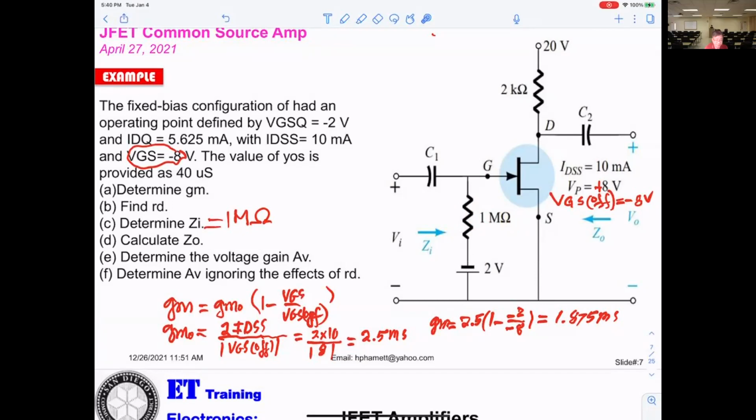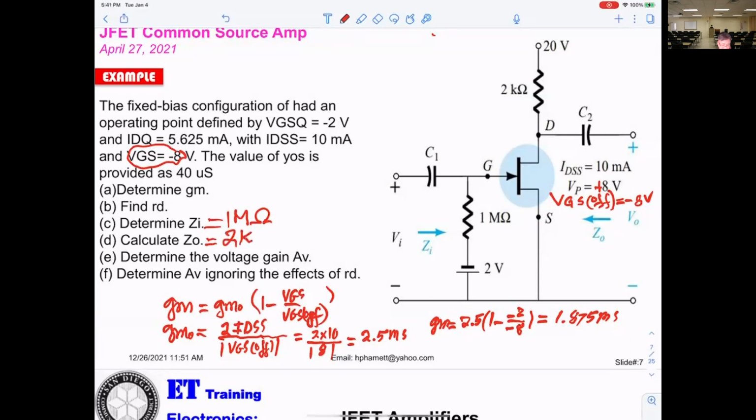Output impedance, Z out. Normally, if the student understands it, you can get it done really quick. What's Z out? Is that the same as the resistor, which is 2K? Exactly.